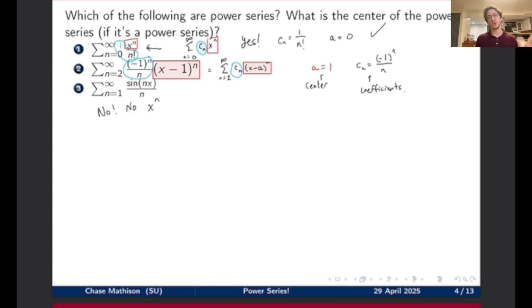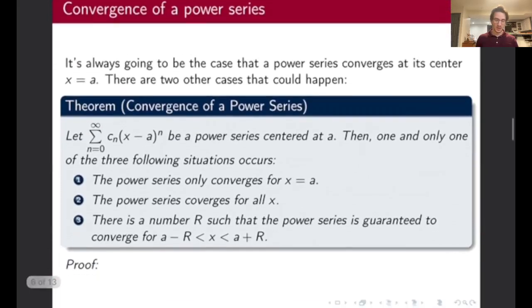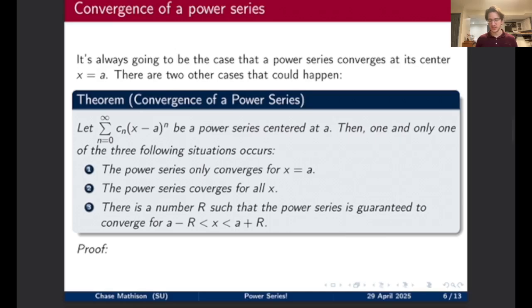If I use those tests on a power series, which has a variable in it, instead of a series that just has terms depending on n and no x's, what will these tests tell me about the convergence of these power series?